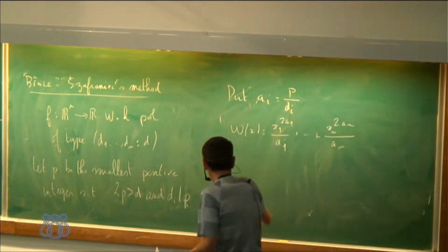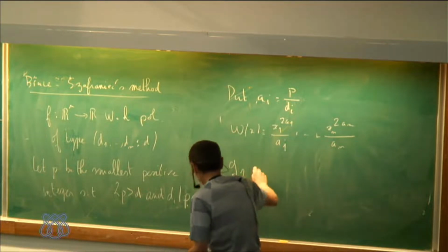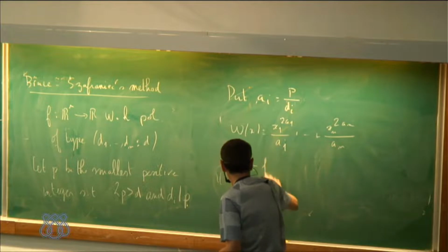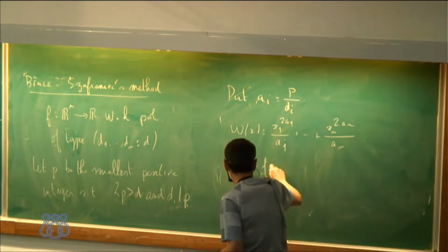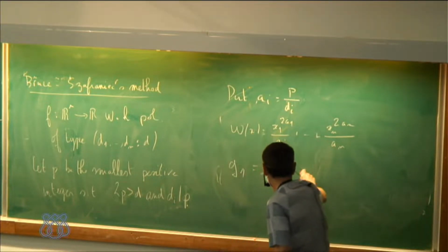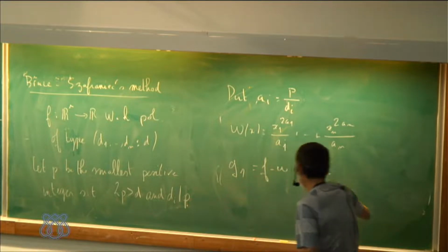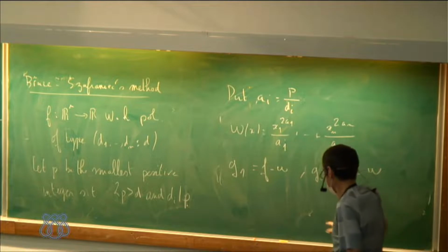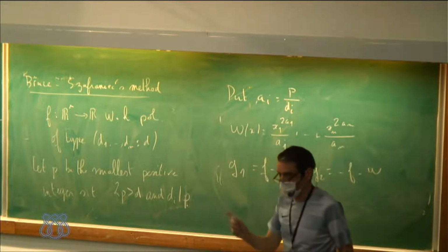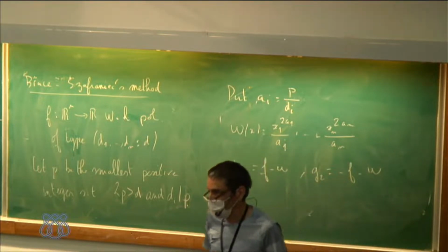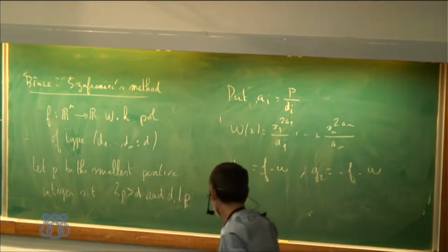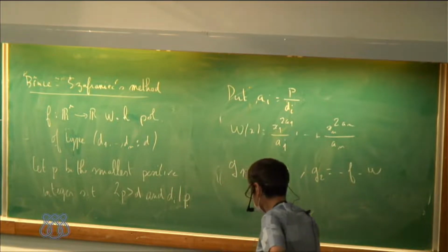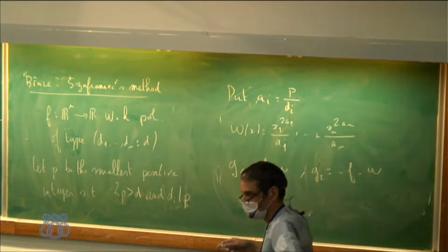So I define these two polynomials. G1 is F minus this omega, G2 is minus F minus omega, and then G1 and G2 have an isolated, algebraically isolated critical point. This means that the Jacobian algebra is finite dimensional.